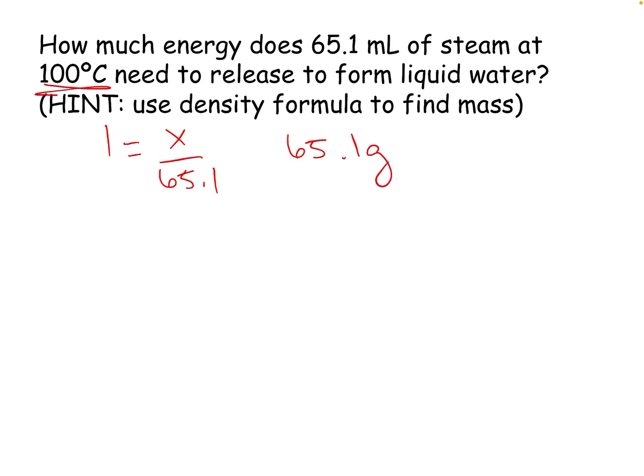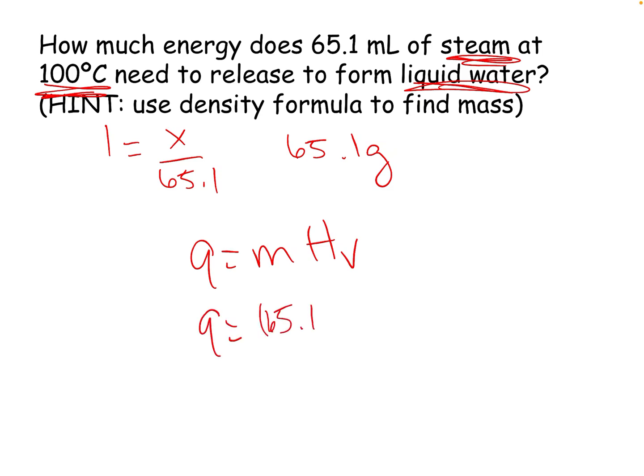So now, 100 degrees Celsius for liquid water and steam. That is heat of vaporization. We know it's not Q equals MC delta T because I only have one temperature, and I would need 2 to subtract to find a delta or change in T. So Q is our heat. Our mass is 65.1 grams.